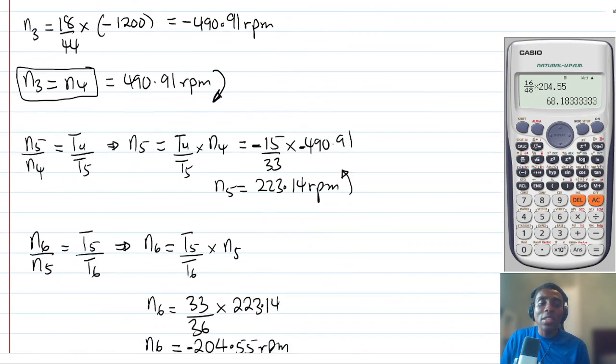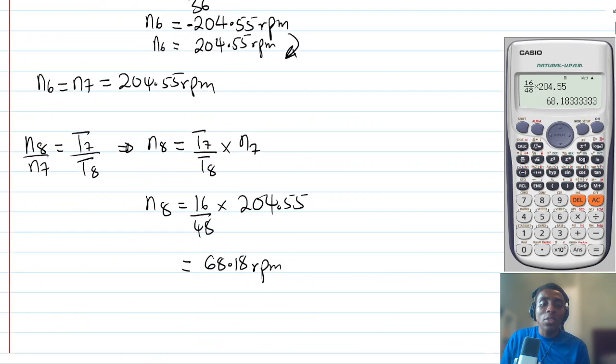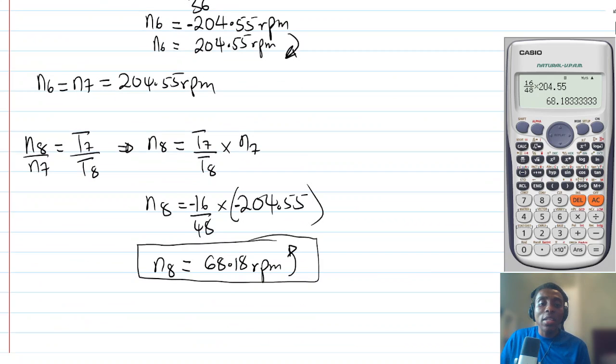So 8 will be going counterclockwise. Actually, it's just going to be positive. You can either bring the negative here and negate this, or you can just leave it like this and say counterclockwise, because that's essentially what happens. So this question has been solved. The speed of gear 8 is 68.18, and it's moving in the counterclockwise direction.